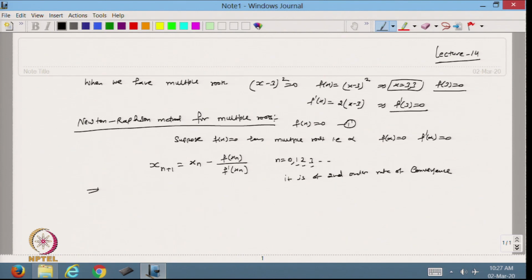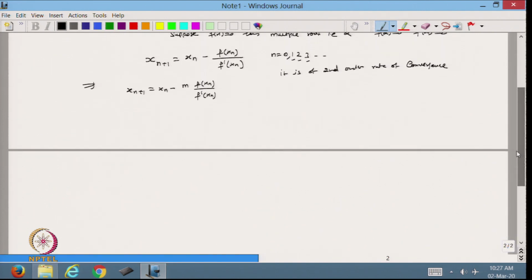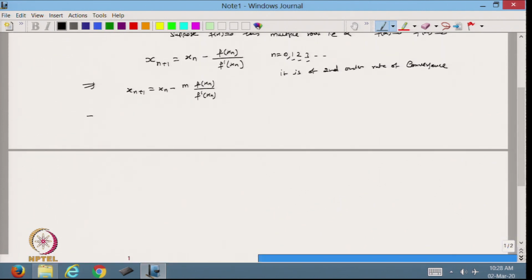So just to deal with multiple roots, we have the same equation, but we multiply by some m here, so x(n+1) equals xn minus m f(xn) divided by f dash xn. That is my equation 2.